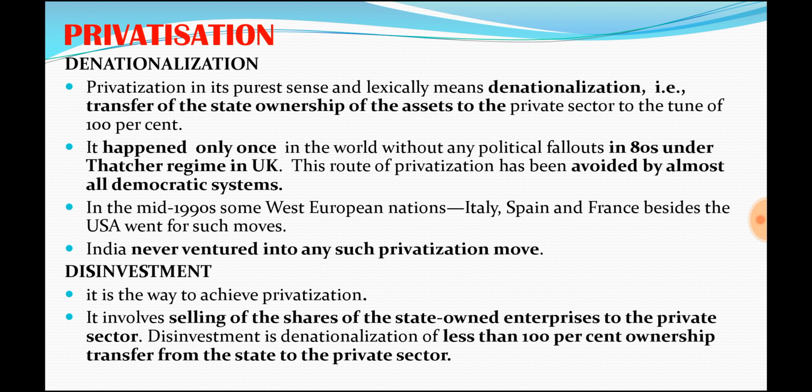Here, instead of transferring the entire state ownership of the public asset to the private sector, the government will sell it in parts. It involves selling the shares of state-owned enterprises to the private sector in parts. Disinvestment is denationalization of less than 100% of ownership. There are two methods of achieving it.